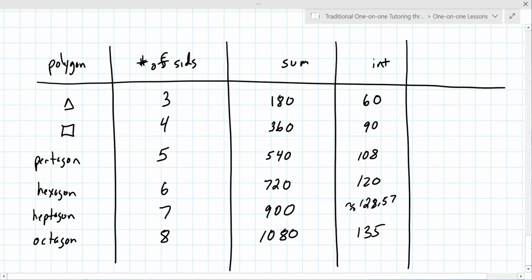Could you tell me one thing about those numbers, please? I'm asking you to look at this column and tell me something about it. What pattern do you see?